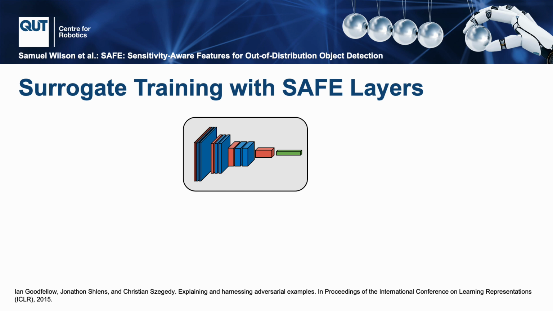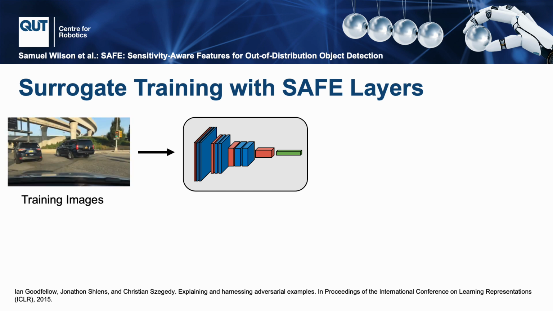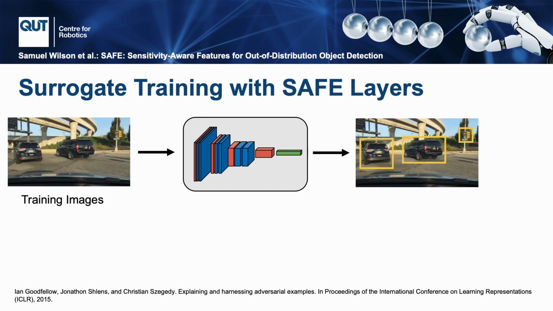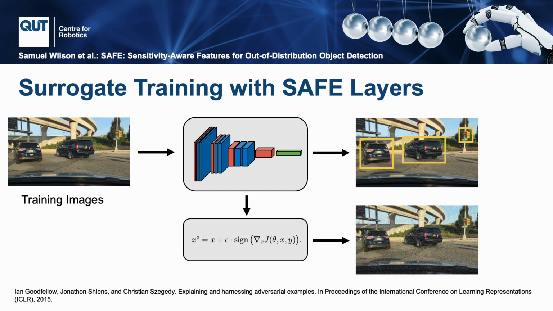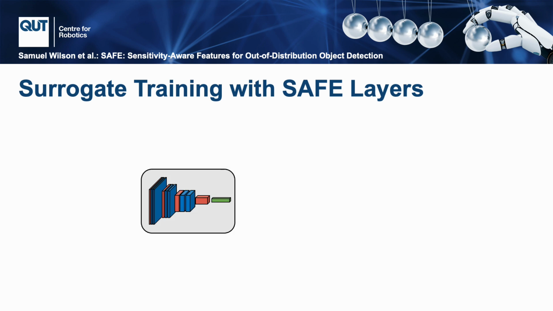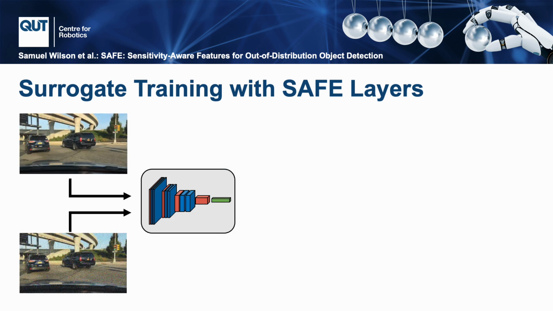In order to leverage our SAFE layers, we propose a surrogate training methodology using an auxiliary metaclassifier network. To begin with, for each training sample, we generate both its bounding boxes and an adversarial example using FGSM. For these pairs, we extract the feature maps from the SAFE layers of the backbone of the object detector network.